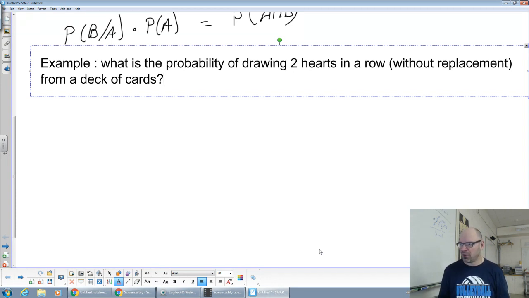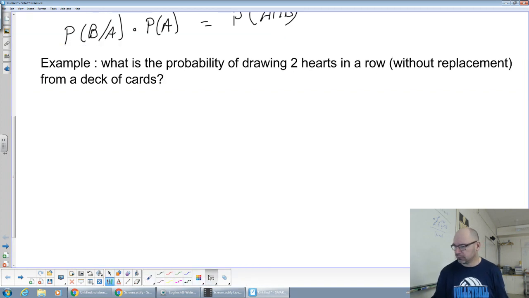So what we want to do is, let's say that H equals getting a heart. So the probability, if we use the formula here, with H1 as a heart on the first card, and H2 will be a heart on the second card.